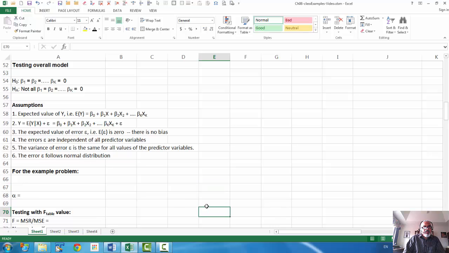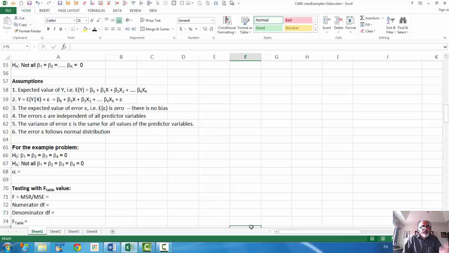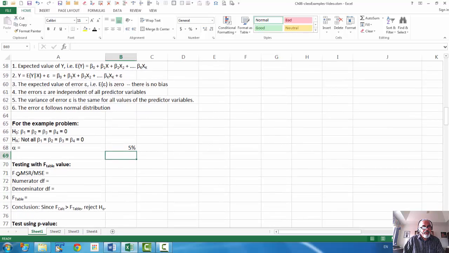Given these assumptions, for our problem the hypothesis must be stated in this way. There are 4 slope coefficients. So all 4 slope coefficients equal to 0, versus not all of them equal to 0. Then we set up an alpha value. Let's assume alpha is 5%. Now we'll test using the F-test with the F table value.